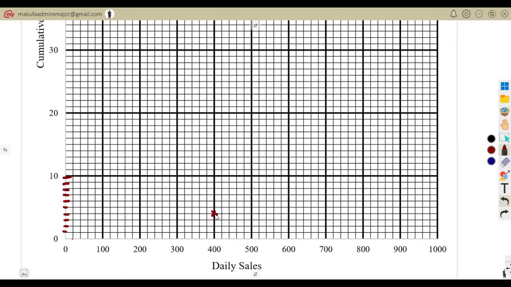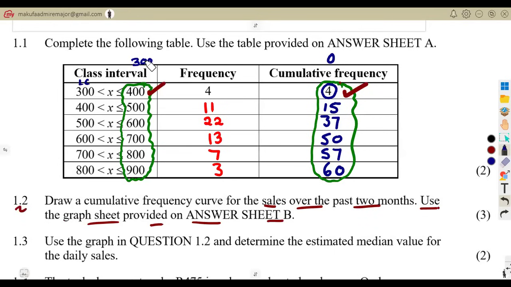So this is 400 versus 4. As you can see, your graph was going to start from the top. It was going to start from this point going up like that. The graph is supposed to start from the ground. So that is why we have to use the 300 versus what? 0. So you just need an extra class with a cumulative frequency of 0.